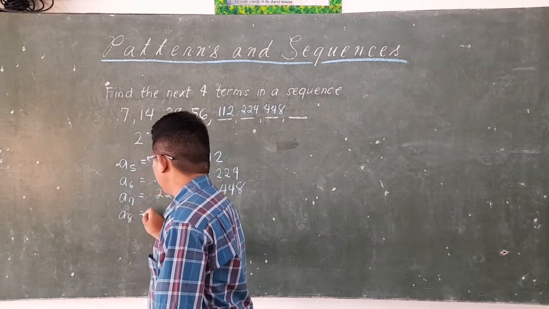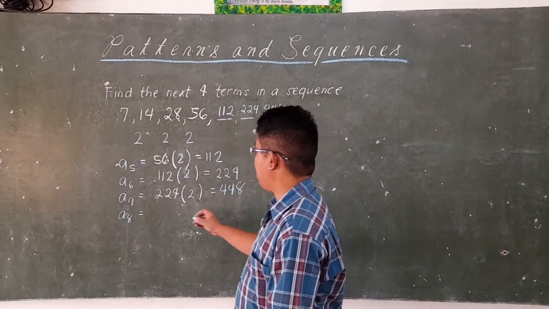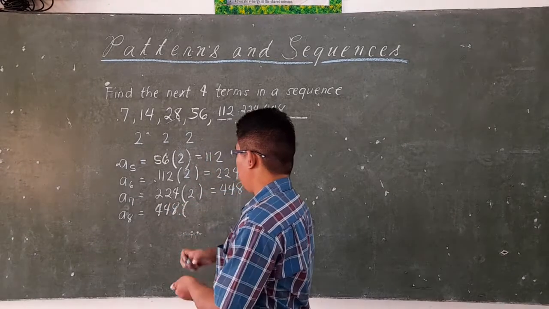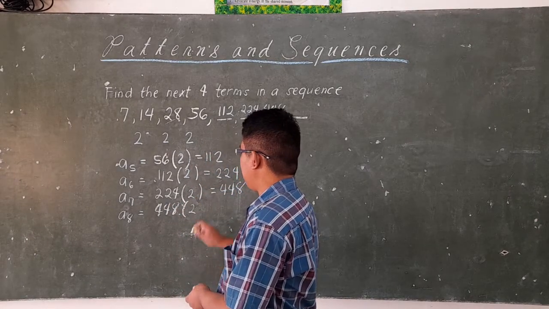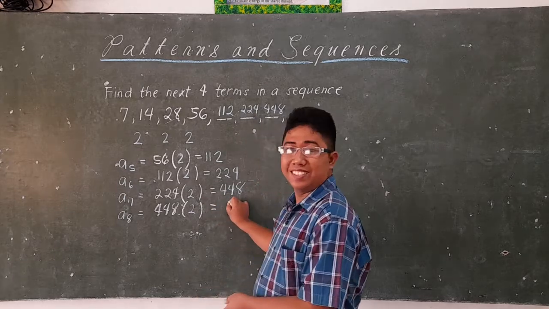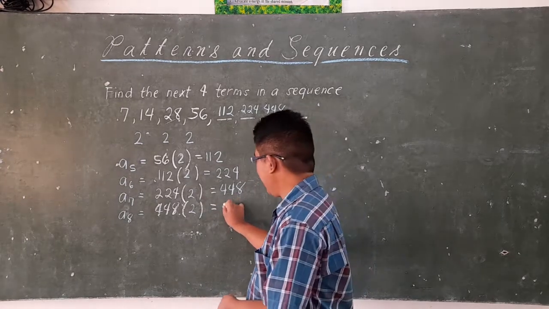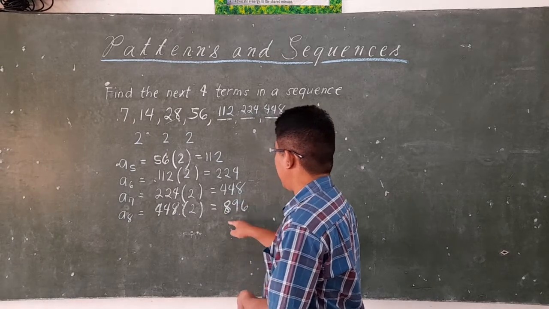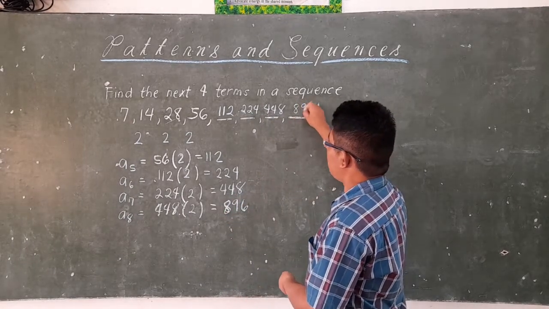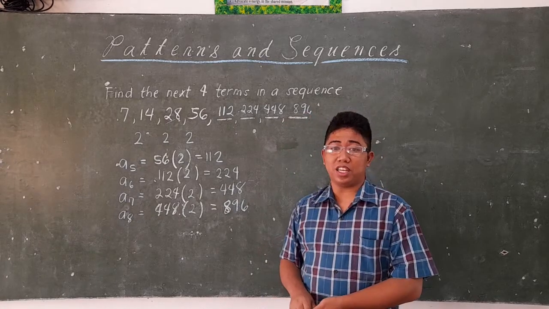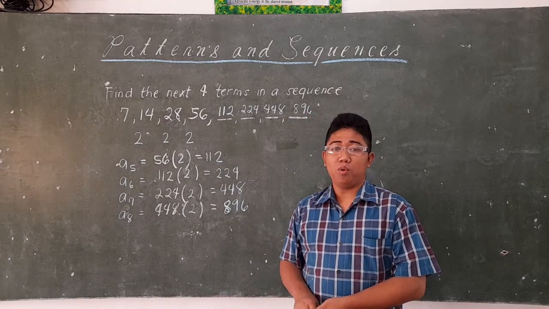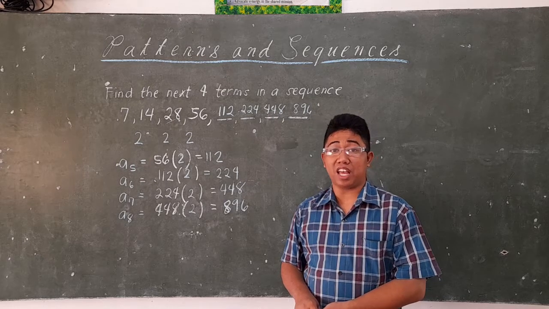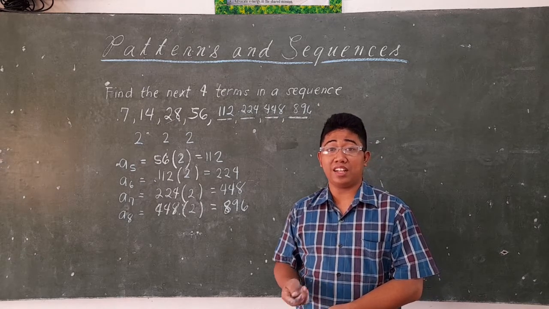The previous term is 448. Multiply again by 2. So 448 times 2 is equal to 896. So 896 is the 8th term. Therefore, the next 4 terms in the given sequence are 112, 224, 448, and 896. Did you get it, students?